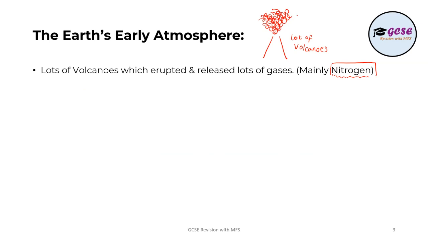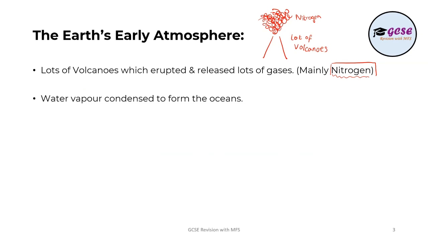So most of this was nitrogen, and that's why the nitrogen levels have increased, because most of the early atmosphere was made of volcanoes, and volcanoes erupted. They released a lot of gases into the atmosphere, and one of the main supplies of gases that were released was nitrogen, and that's what triggered the nitrogen levels to increase.